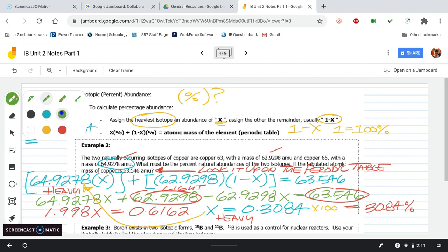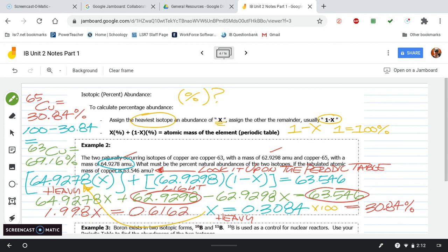So that's going to be the copper 63 equals 69.16%. Okay, so you got to remember that the x, the one that is heavy, is what the answer spits out. That's the percentage you get. The other percentage, you take 100 minus. So, all right, pause it here.